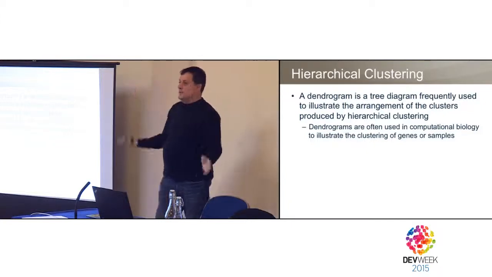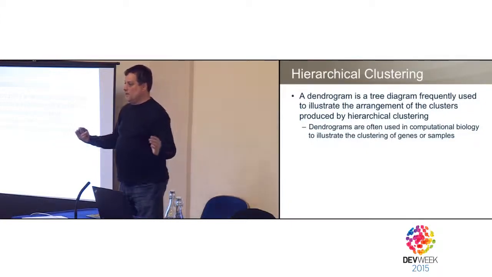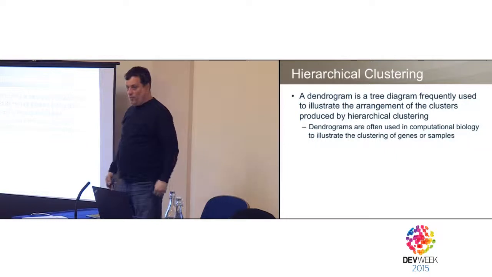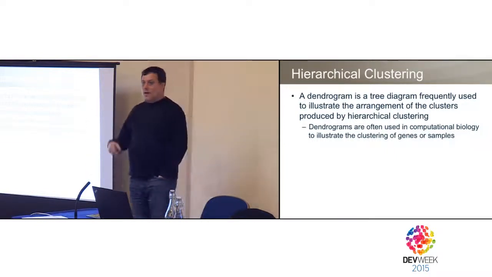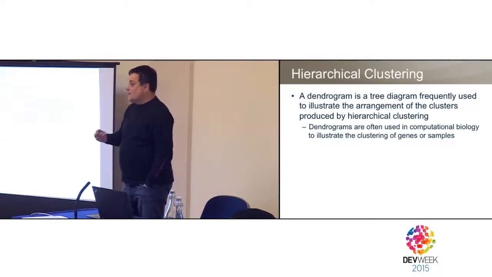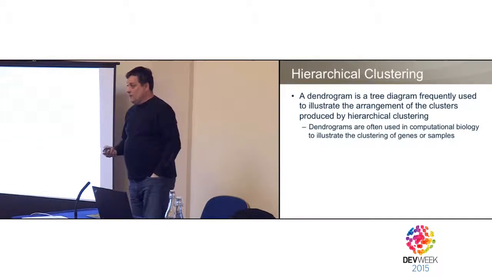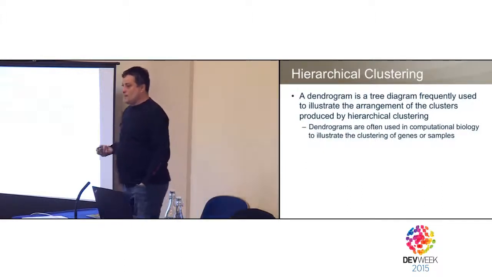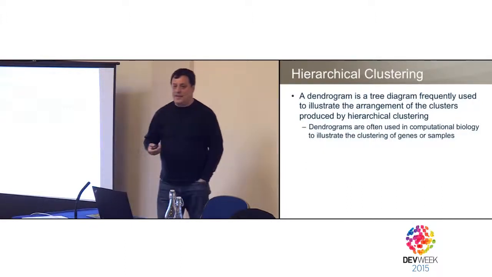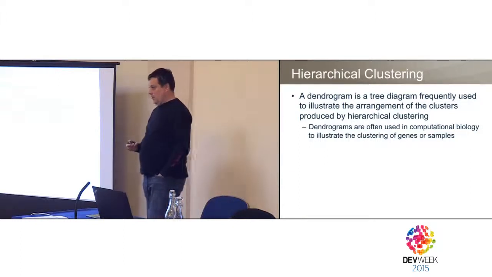When you do this tree, either you build it from top or you start from bottom. You get a full tree called dendrogram. Then this dendrogram is representing perfectly these clusters. And the good thing about these hierarchical methods is that the results are very readable, so you understand clusters immediately.